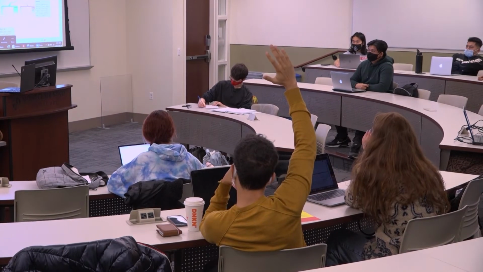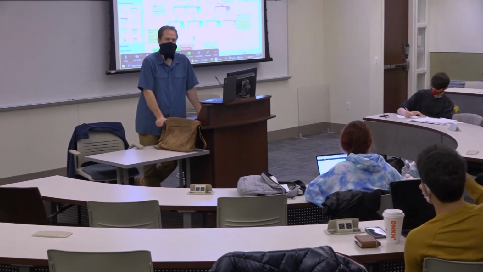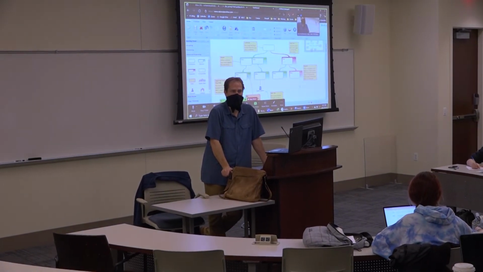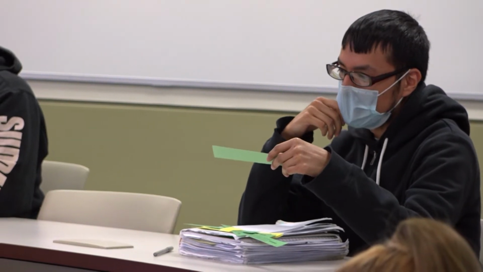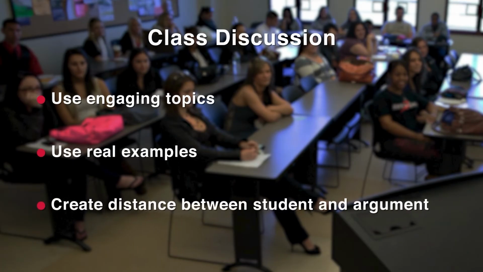On the flip side, if you give them interesting, engaging topics, then all of their energy gets invested in defending a viewpoint or criticizing a viewpoint that they disagree with. And what happens then is that they fall back on habits and techniques that they are already familiar with and comfortable with.